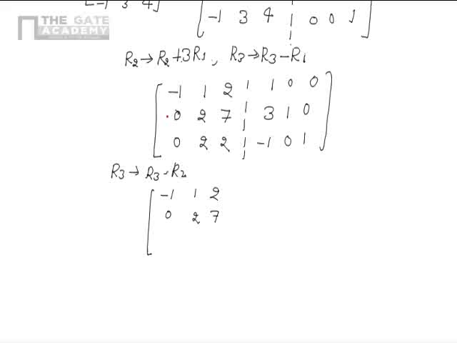I'm simply subtracting row 2 from row 3, so this will be 0, 0, -5. The same operation on the right hand side: 1, 0, 0, 3, 1, 0, and this will be -4, -1, 1.